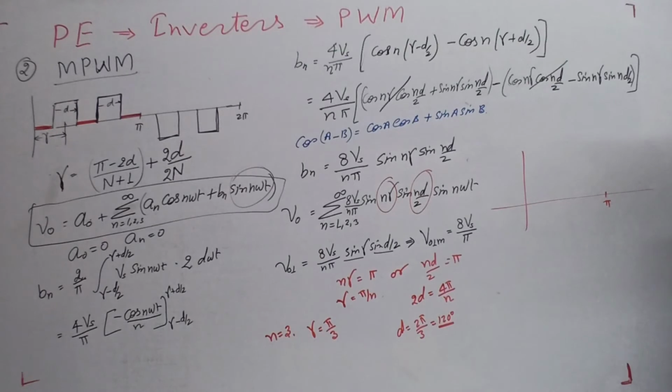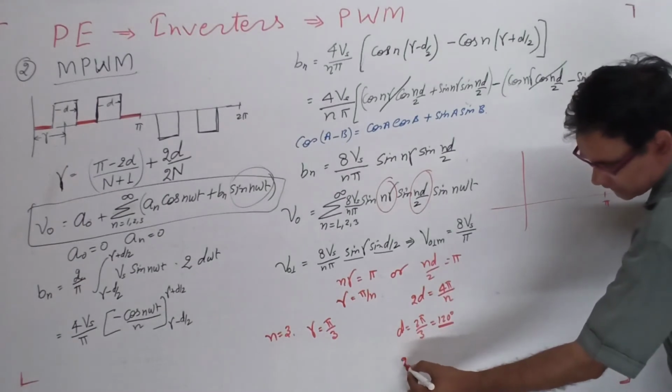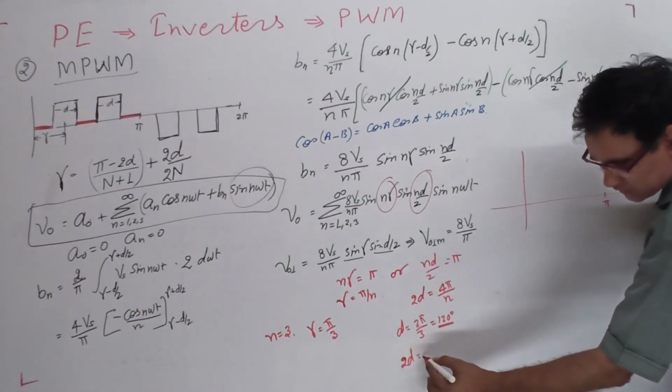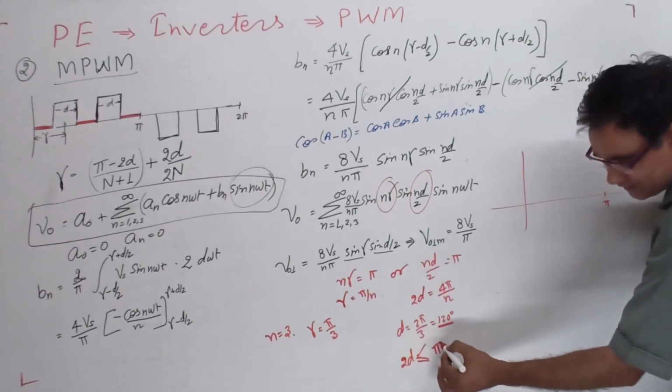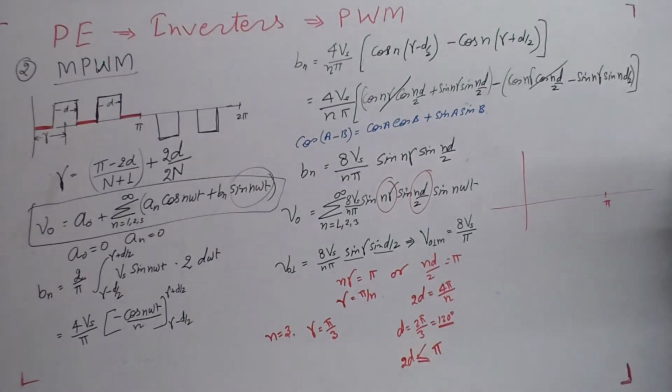The total pulse width 2d should be less than or equal to pi in a pi interval. So here 2d becomes 240 degrees. So the third harmonic cannot be eliminated.